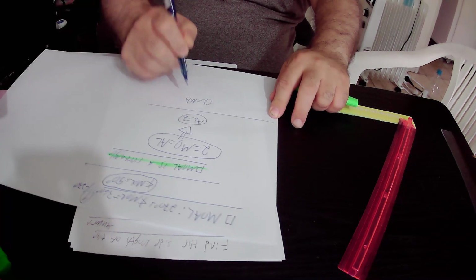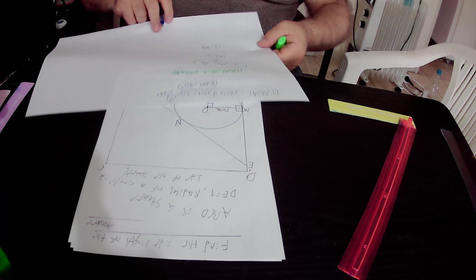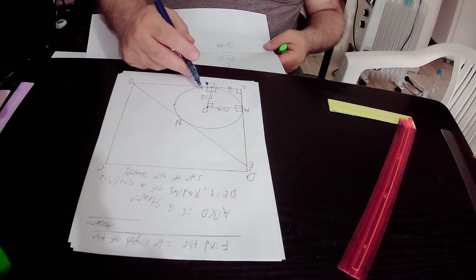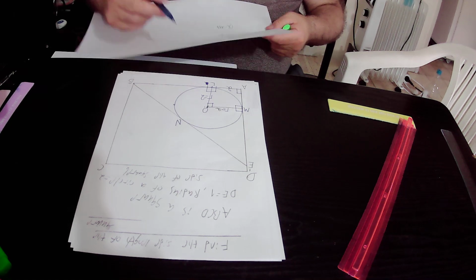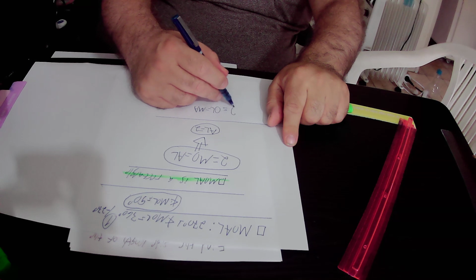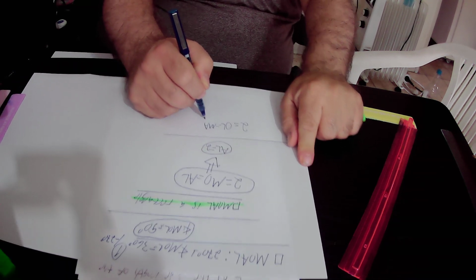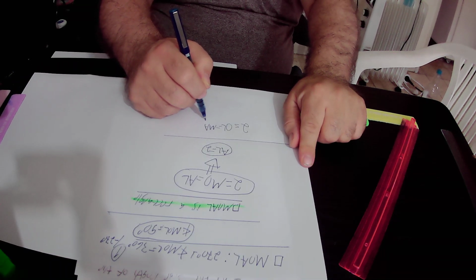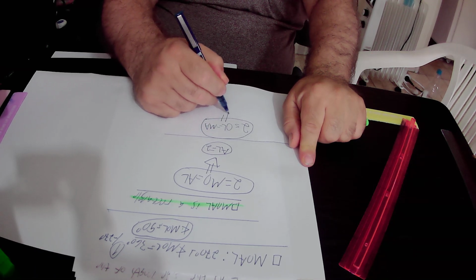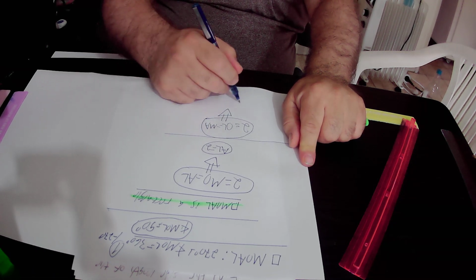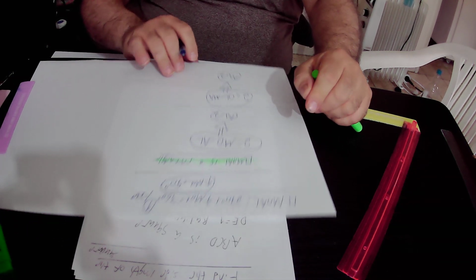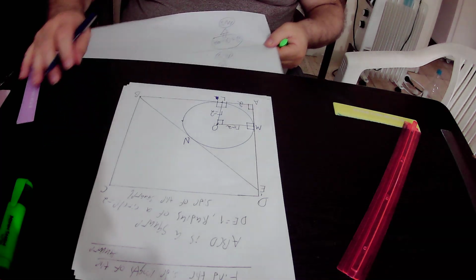But we have already found out that OL equals 2 units. It is the radius of the circle. So we can write here that OL equals 2 units. And from this equation, 2 equals OL equals MA, we derive that MA is also equal to 2 units.